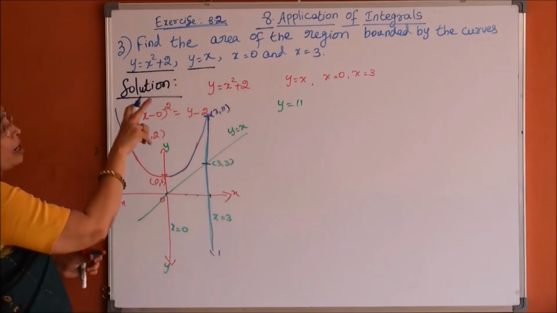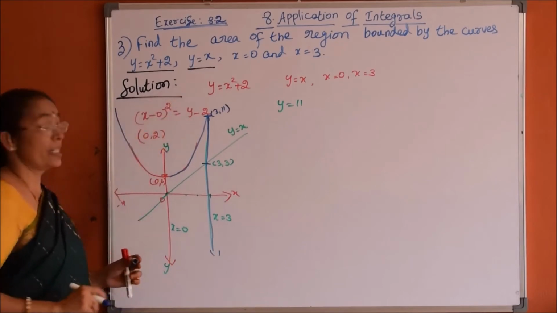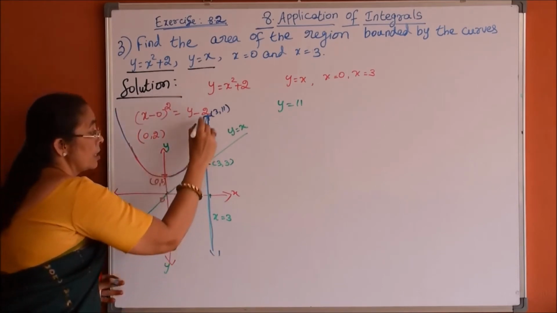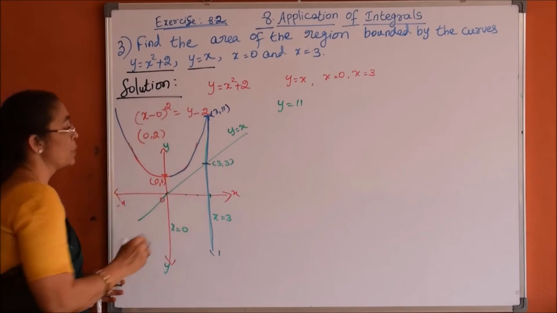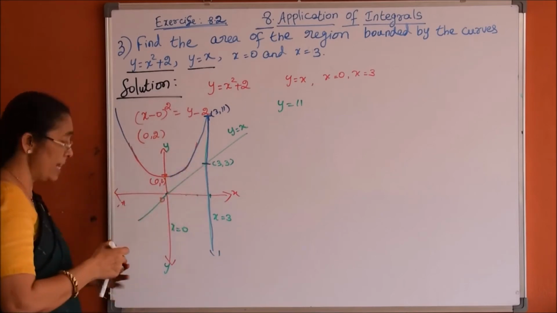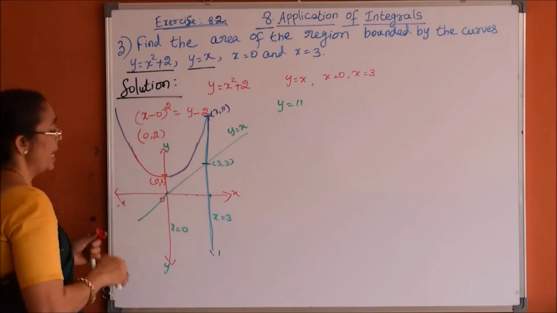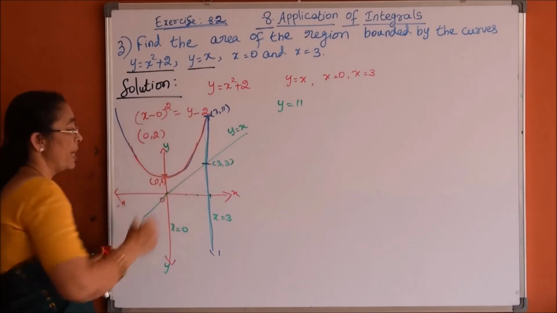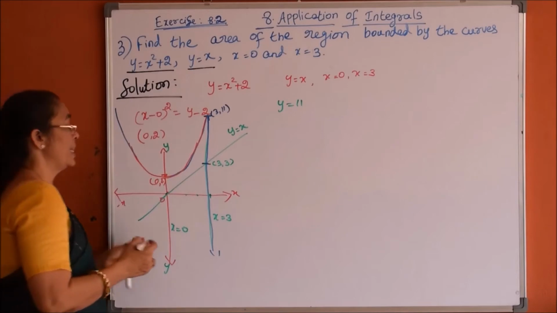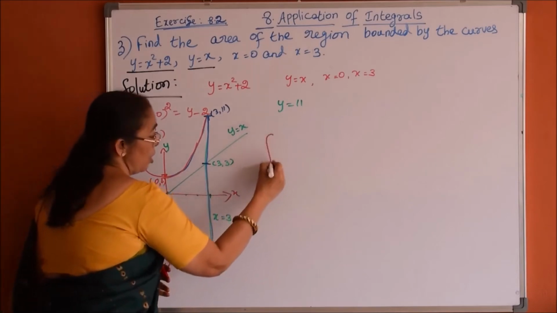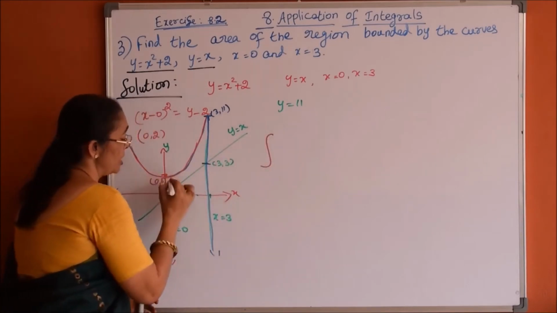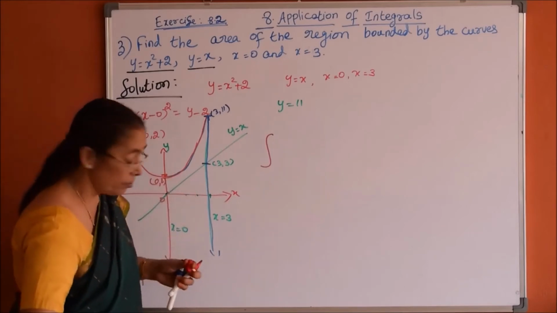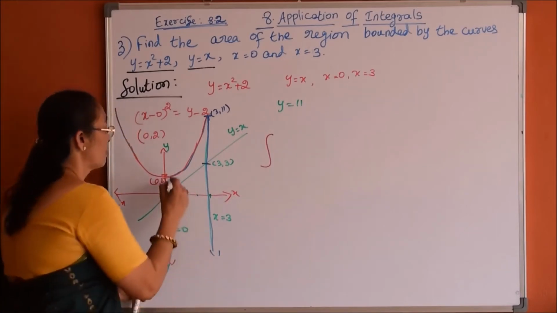Now, the area of the region bounded by all these lines. One is this curve y is equal to x square plus 2. Another one is the straight line y is equal to x. Then x is equal to 0 and x is equal to 3 are the two lines. So how can we write the integration? The required area is this part.